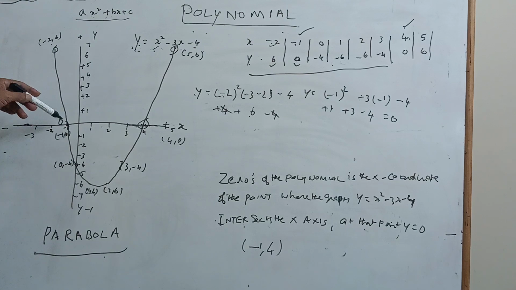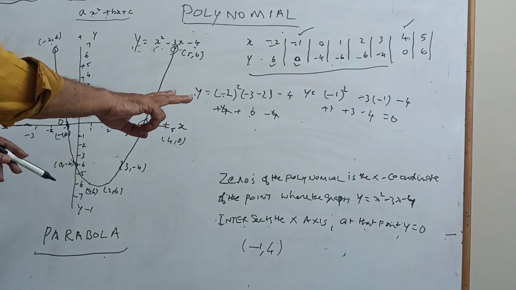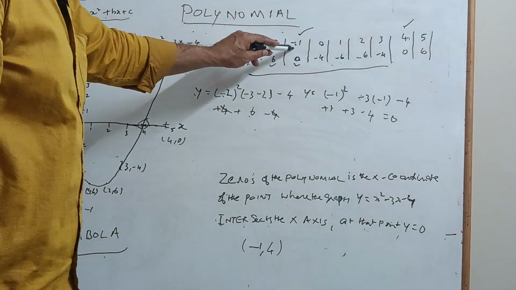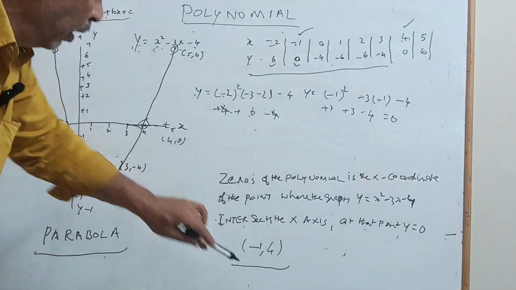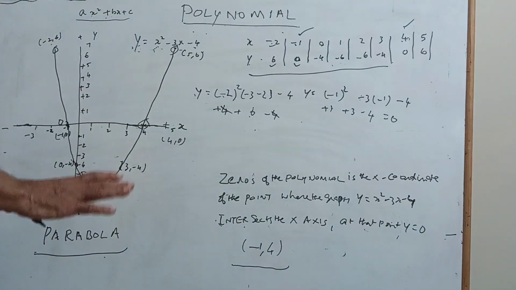The graph where it cuts the x-axis, that is called the zero point. So this graph cuts at 2 points. It is cutting the x-axis at this point and this point. Okay, there are 2 zeros there. That is -1 and +4. So these are the 2 zeros of the equation. Okay, is it clear now?